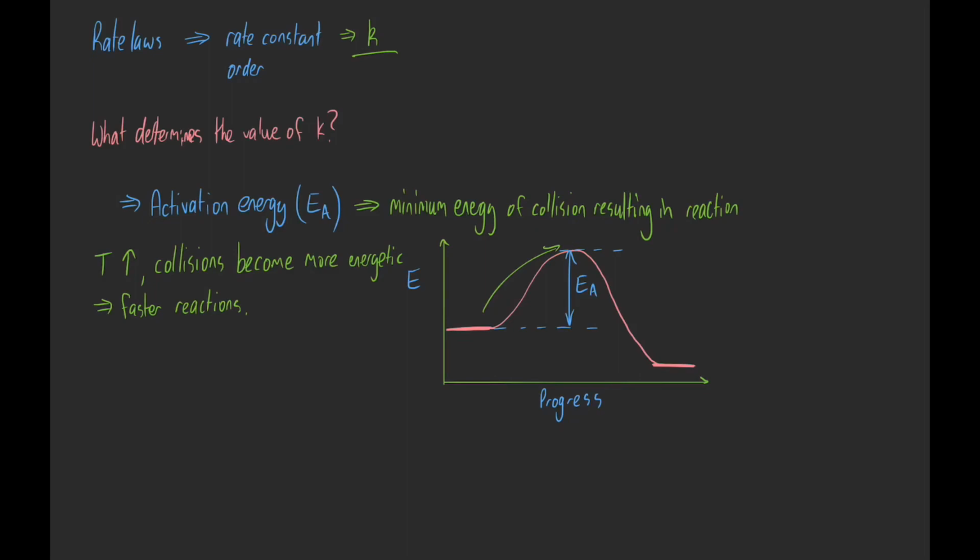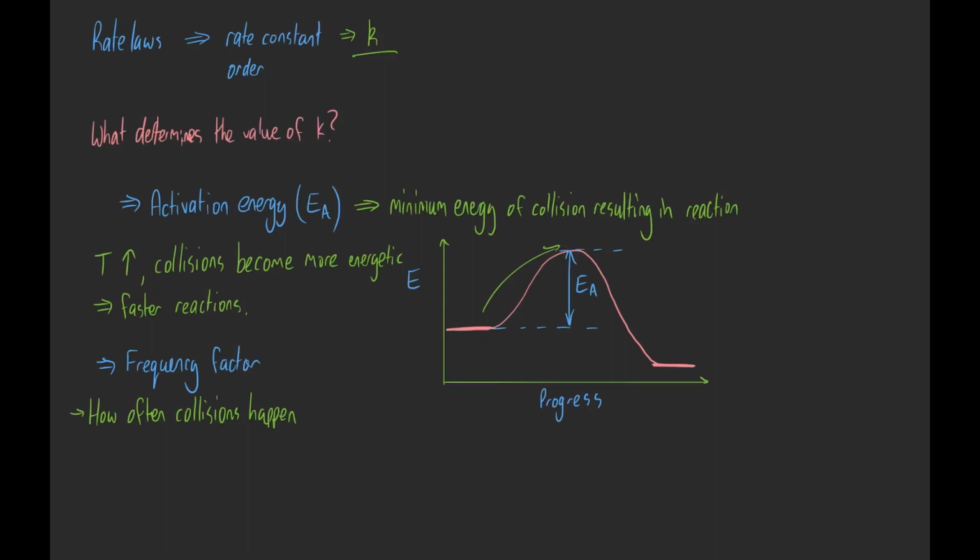The other factor that determines the value of K, or how fast the reaction is going, is what's called the frequency factor. The frequency factor is a measure of how often collisions happen, but it also depends on the orientation of those collisions.